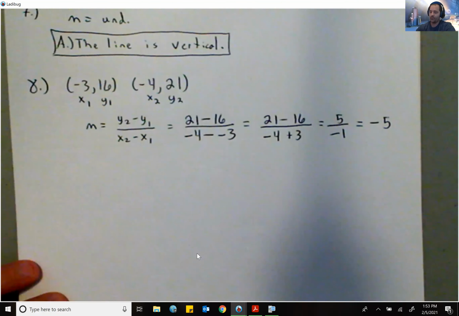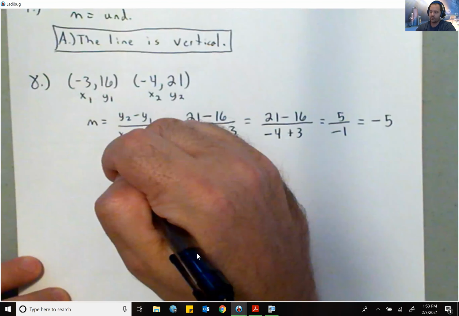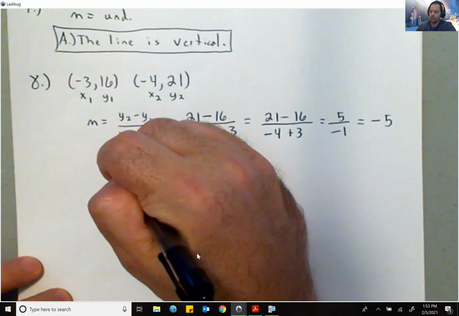Now we're going to use that point slope. So remember, point slope looks like y minus y1 equals m times x minus x1. In here, you're going to put your point. Remember, as I tell you in class and as other professors would tell you, using point slope you need to pick one of these 2 points.